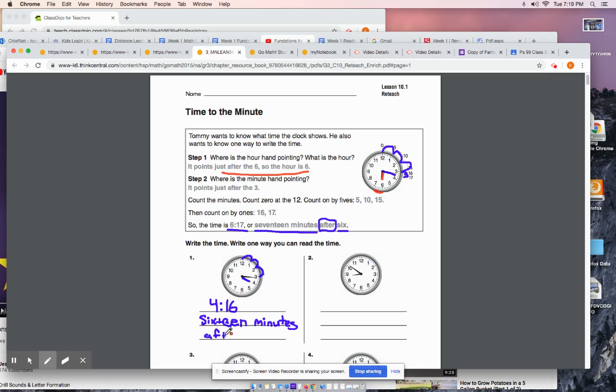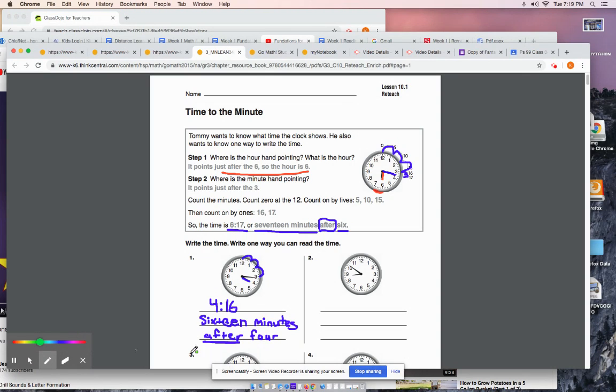After 4, right? Okay, so one keyword is thinking about how many minutes after that hour.